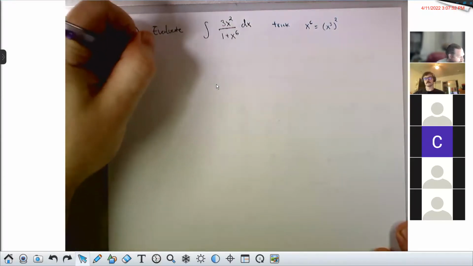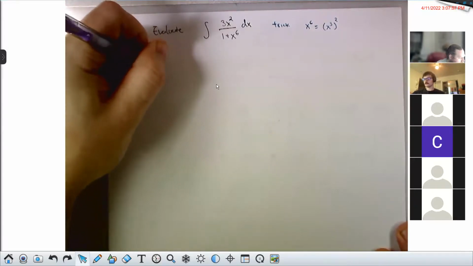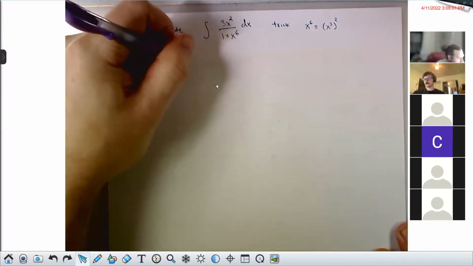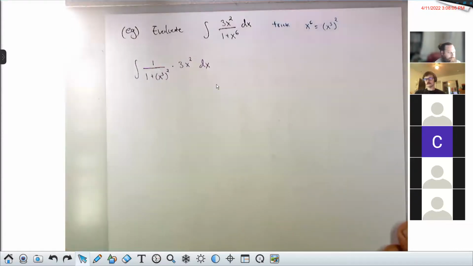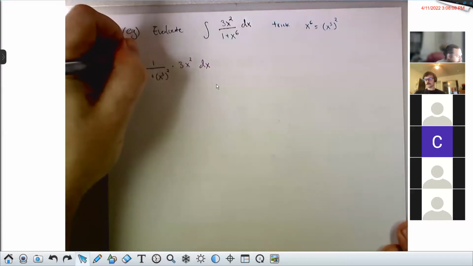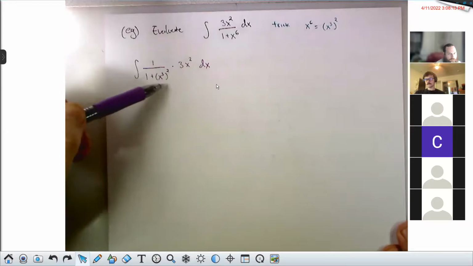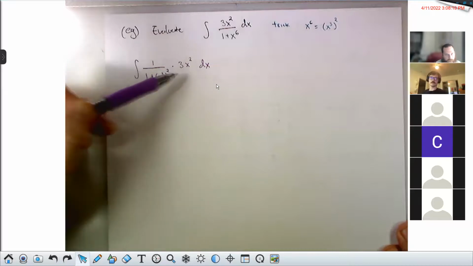If I rewrite this as 1 over 1 plus x cubed squared times 3x squared dx, then we can see that x cubed would be a good substitution, because here it is playing like an inner function, and here is its derivative ready to get soaked up by the differential.